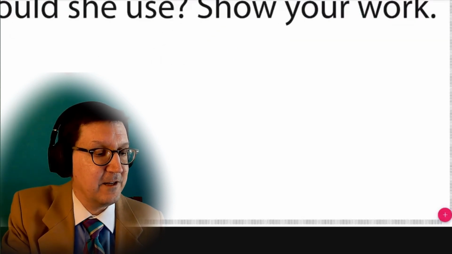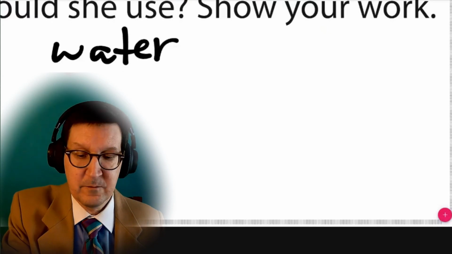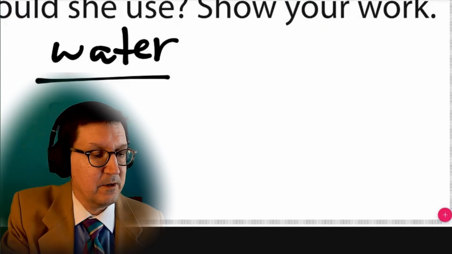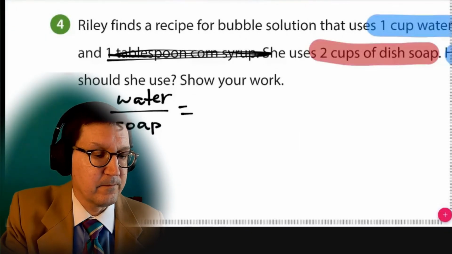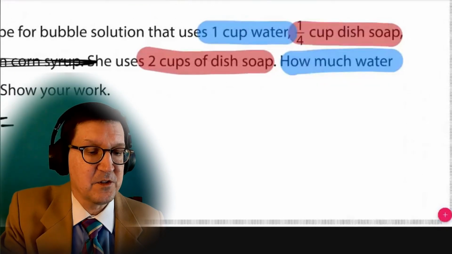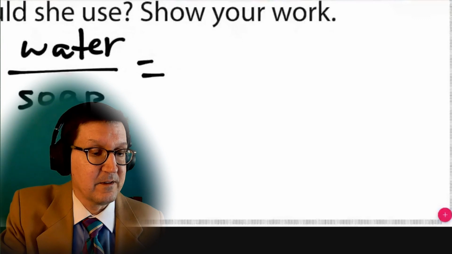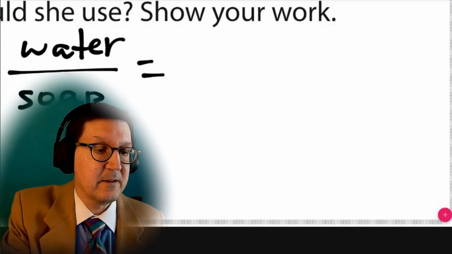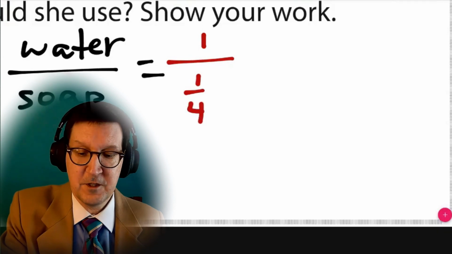So we can say we have water per soap. And this says 1 cup of water per 1/4 cup of soap. So that would be 1 cup of water per 1/4 cup of soap.